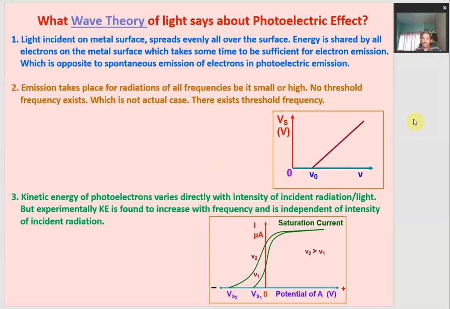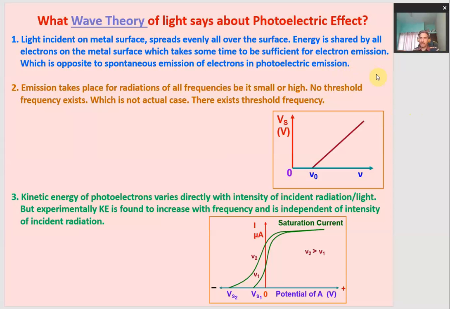Whenever light is incident on a surface, it spreads all over the surface of that metal on which it is incident. And the energy of this incident radiation is shared by all the electrons present on the metal surface. So therefore each and every electron gets a very small amount of energy.